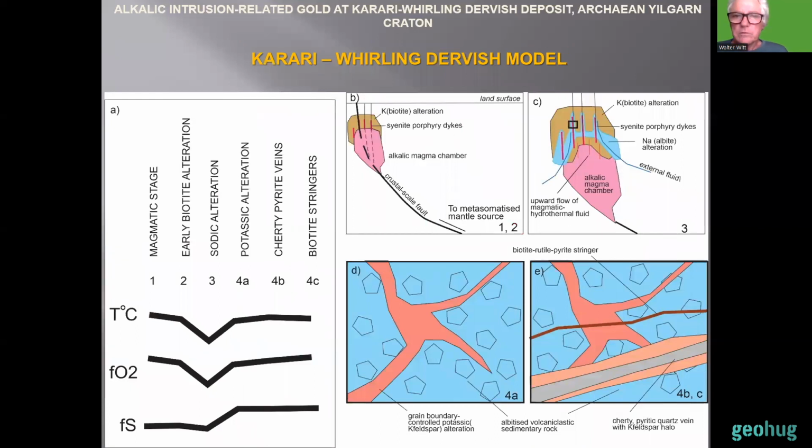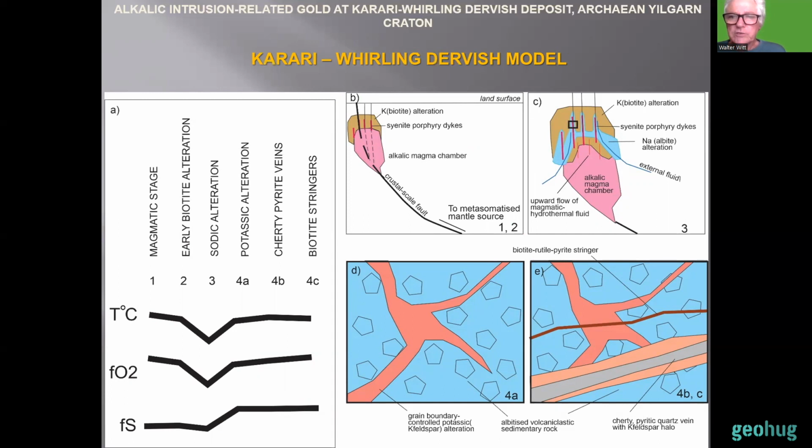So here is the model for Karari-Whirling Dervish. It begins with extraction of small volume melts from a metasomatized mantle source, transported into the upper crust via crustal scale faults and leading to the construction of an alkalic magma chamber in the upper crust.